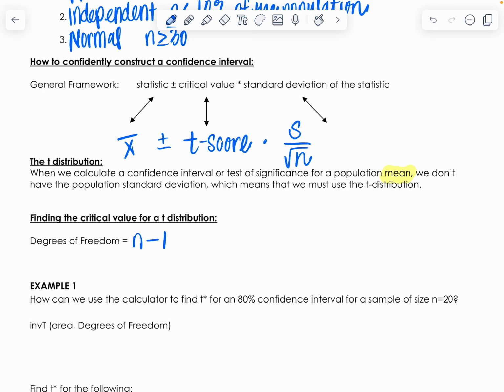Now when you hit enter, it wants the area. For all my friends who are used to using that center area for inverse norm when we calculated percents, this is different. This is always the area to the left. So you're going to have to remember to do that a little differently here. And then, of course, degrees of freedom are equal to n minus 1.